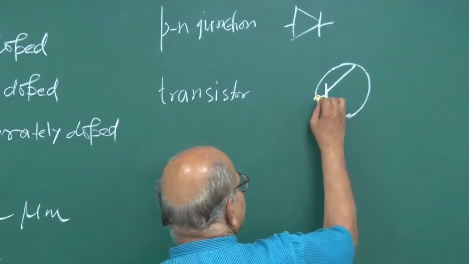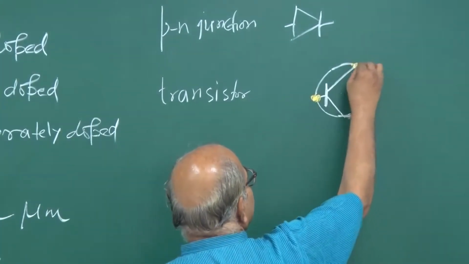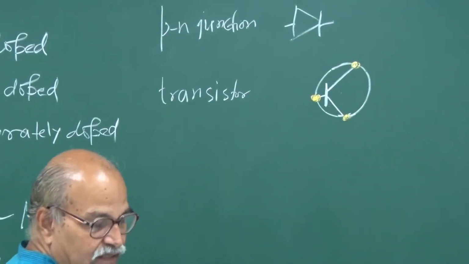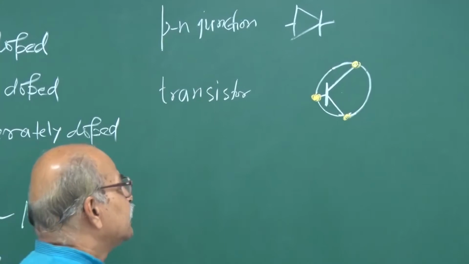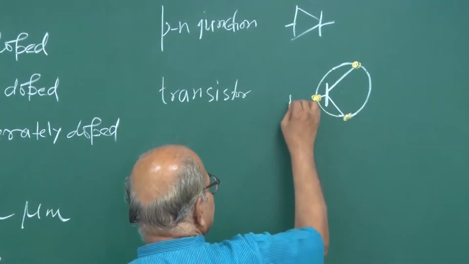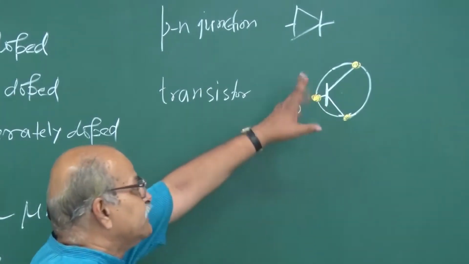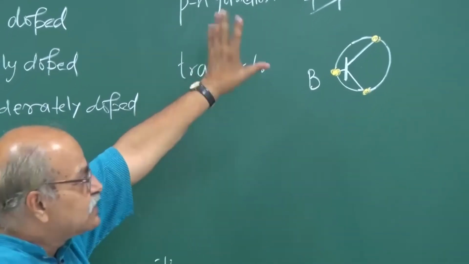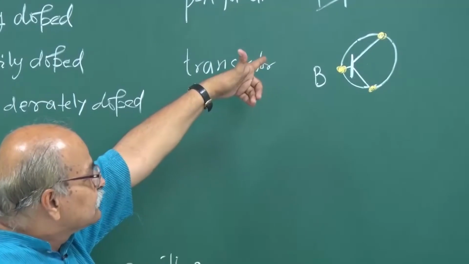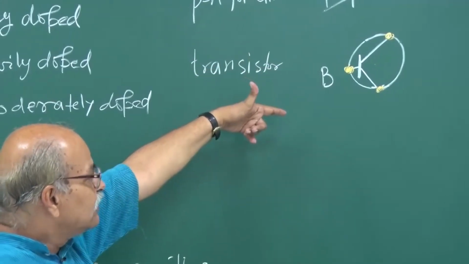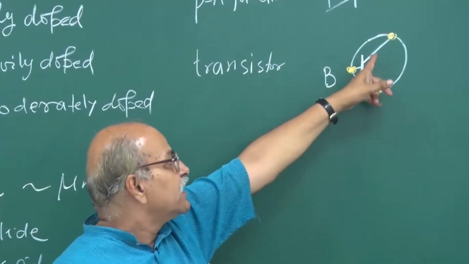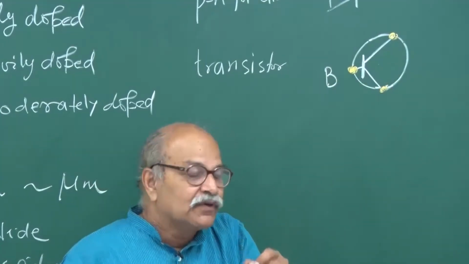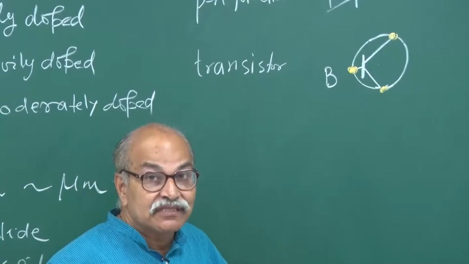These are the connections to be joined to the external circuit. This one is the base, and one of the others is the emitter, another is the collector. How do we distinguish them? In the symbol, we distinguish emitter and collector by putting an arrow on the line corresponding to the emitter.